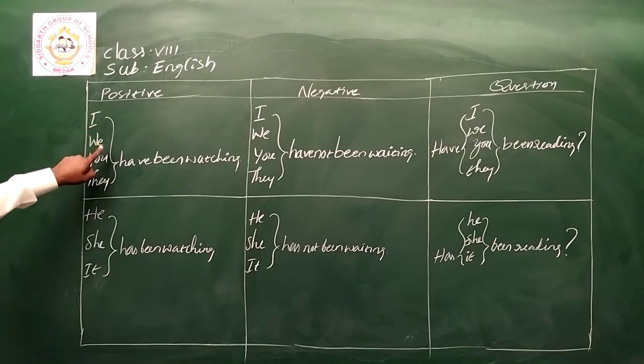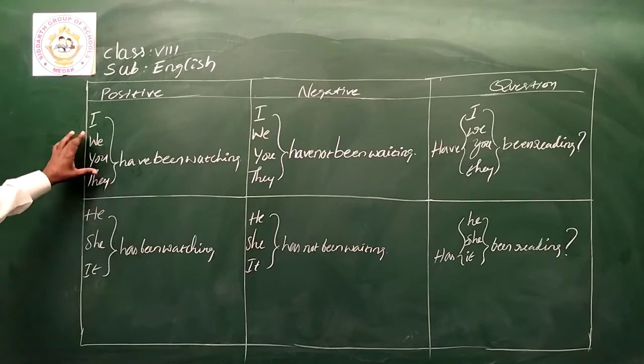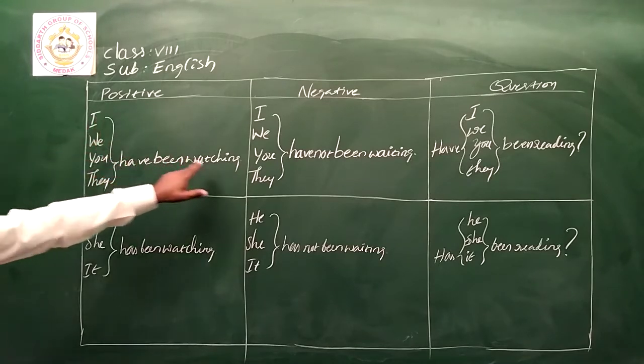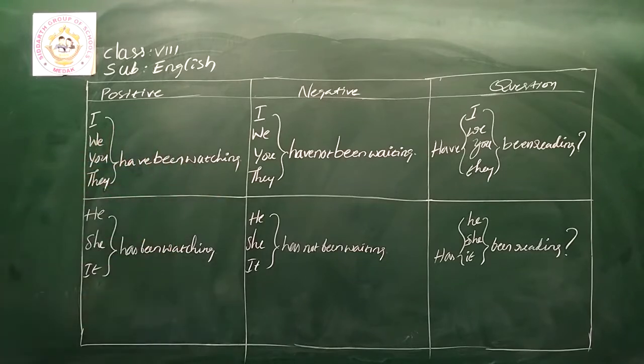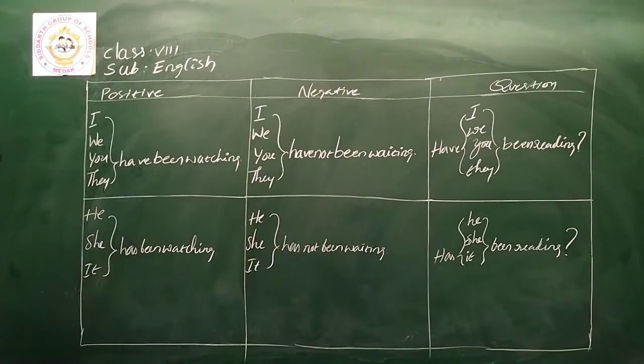First person singular, second person, third person plural. So, I have been watching, we have been watching, you have been watching, they have been watching. Next one, he has been watching, she has been watching, it has been watching.